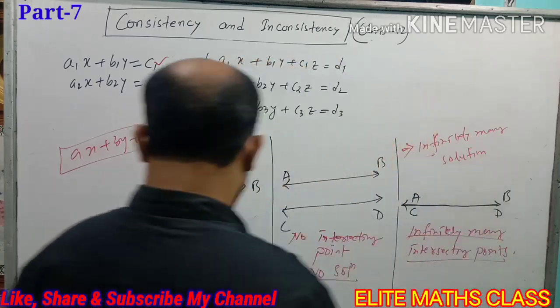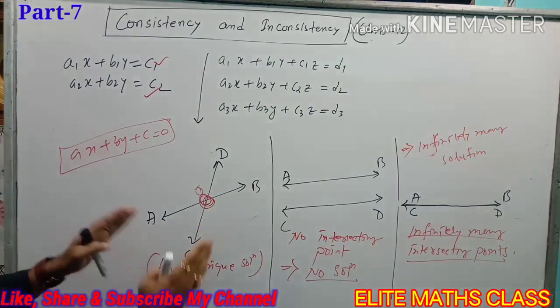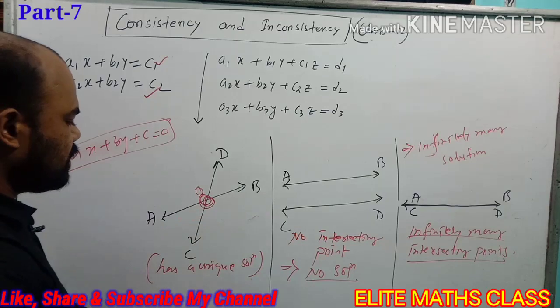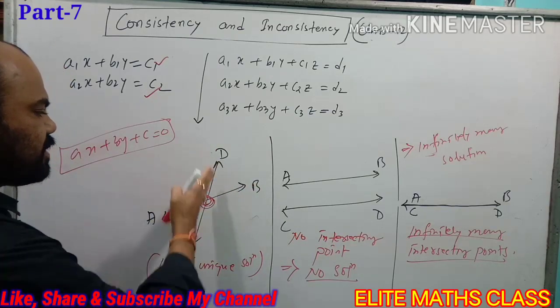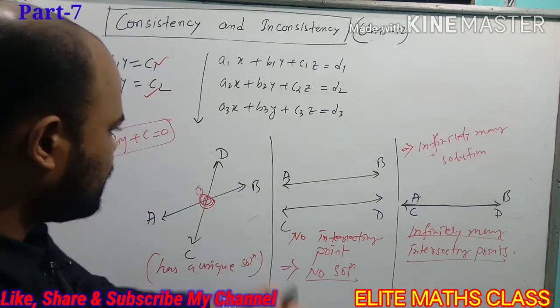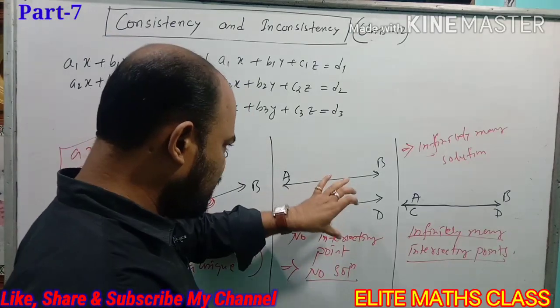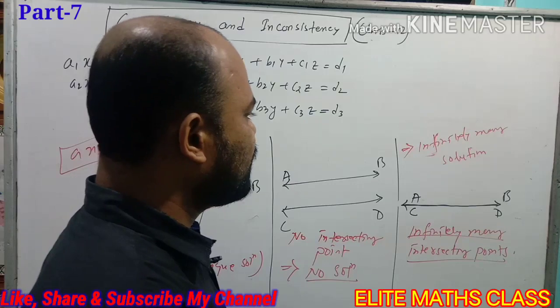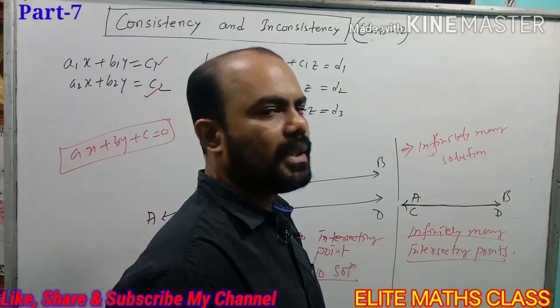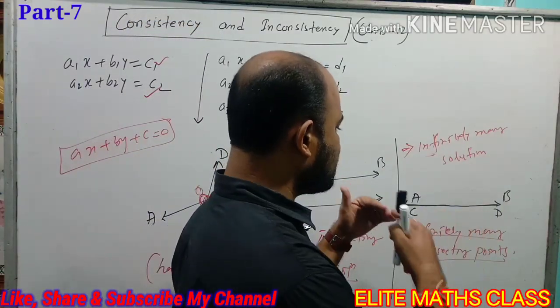So see, when the system has a unique solution, these two lines represent a set of intersecting lines. If the system has no solution, this will represent a set of parallel lines. If the system has infinitely many solutions, they will represent coincident lines.